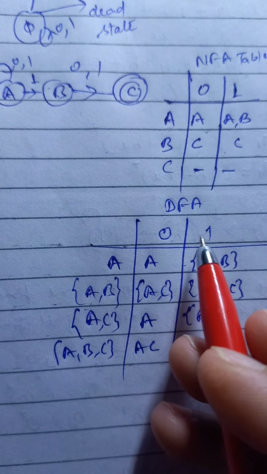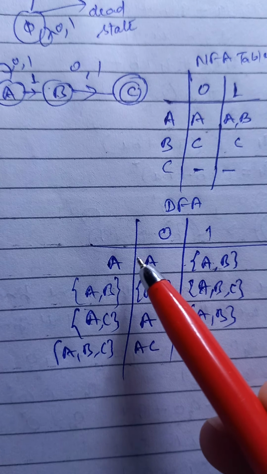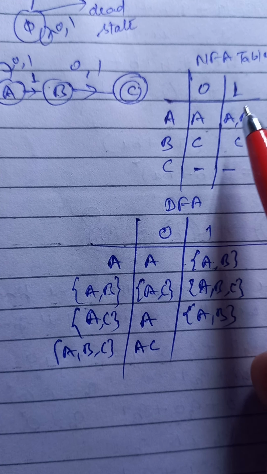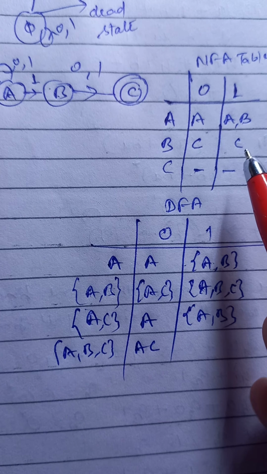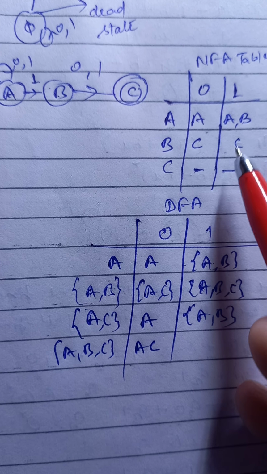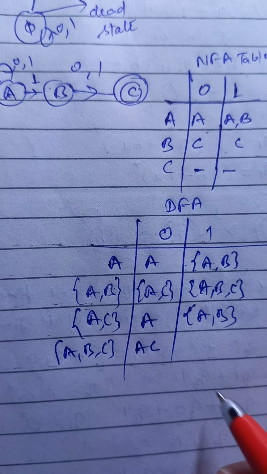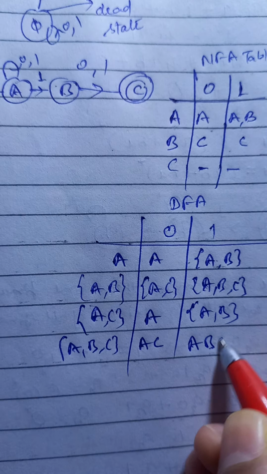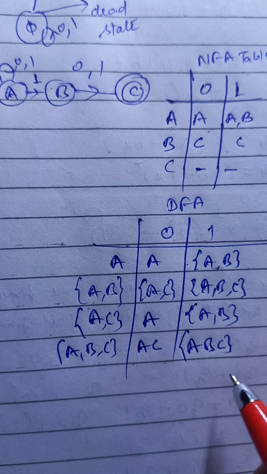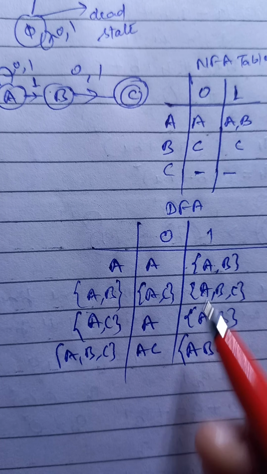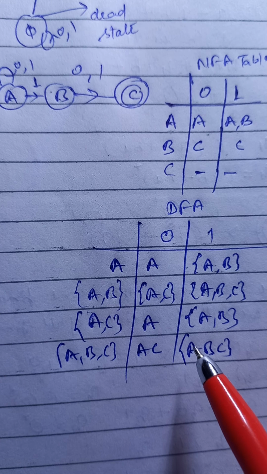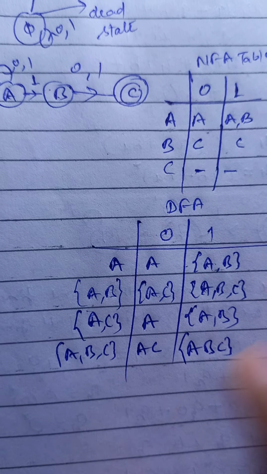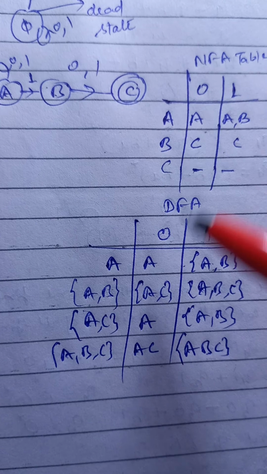And for the 1 transition, what will we get? For A for 1, we have AB, for B for 1, we have C, and for C we have nothing. So we will get ABC. So no new state has come. So this is the final DFA table. So this is the NFA to DFA conversion.